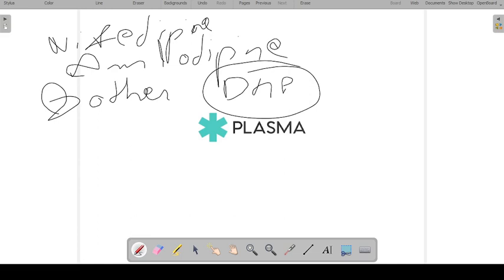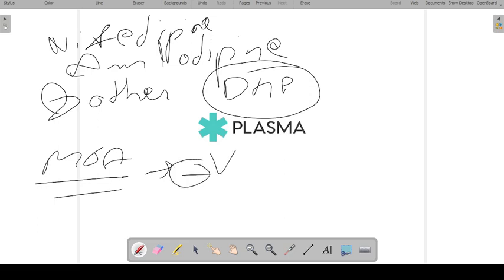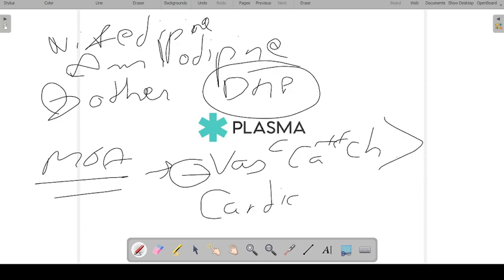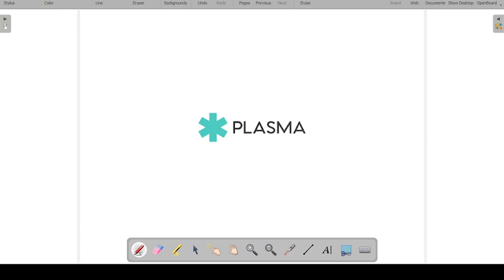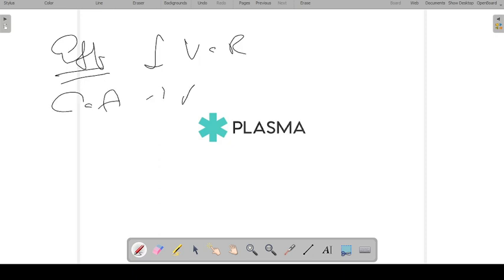Their mechanism of action is that they block vascular calcium channels more than cardiac calcium channels. Now their effects: they reduce the vascular resistance, and clinical application includes hypertension and angina.